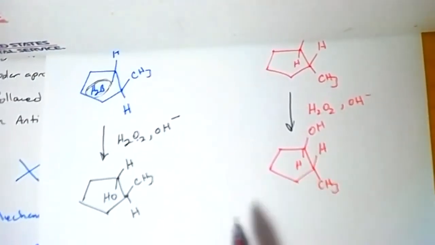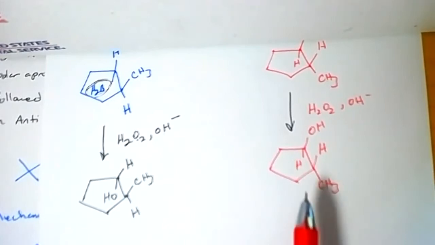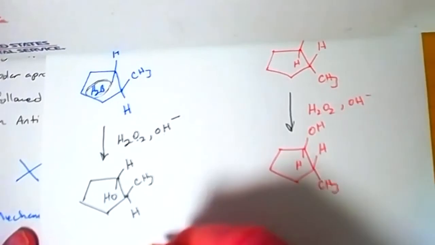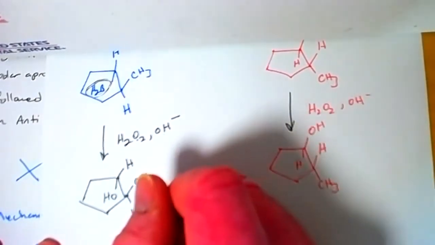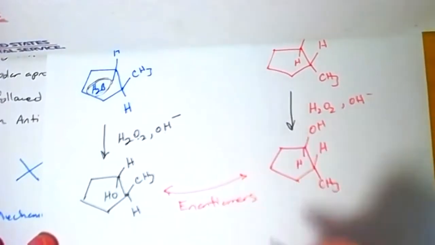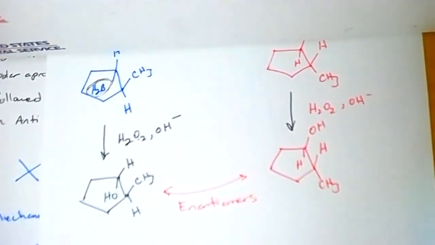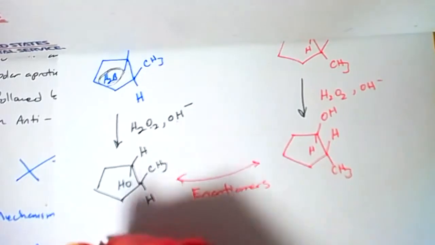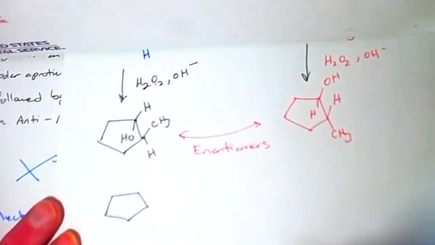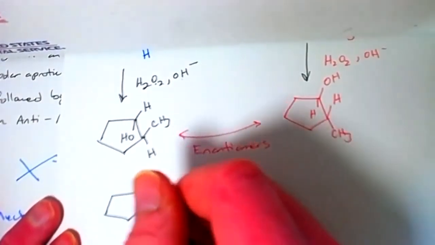Now what I want you to do is to notice, if you look at these two compounds here, what you should clearly see is that if you were to rotate this around, it would be the mirror image of this compound. And so this is a set of enantiomers that we have made from this reaction. And if you can't see it, I'm going to draw it out with just the wedges.